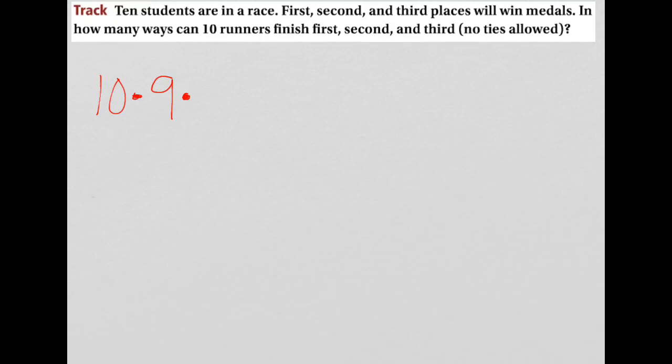Similarly, we have 2 people gone, so now we have 8 different options for the number of people who are going to get third place. So multiply those all together. I'm going to do some mental math. 9 times 8 is 72, times 10 is 720 different possible outcomes for this situation.